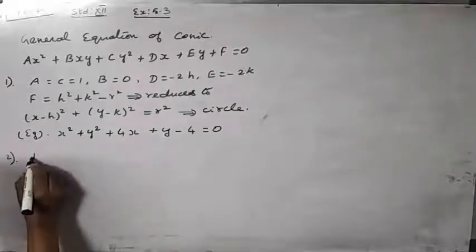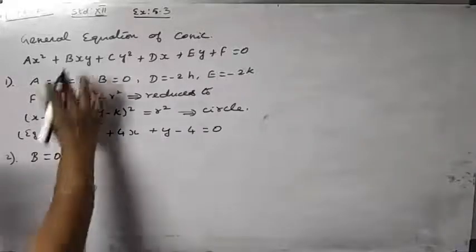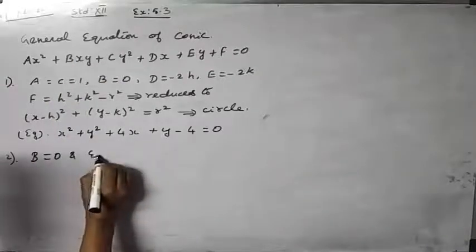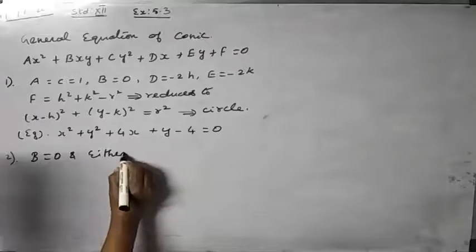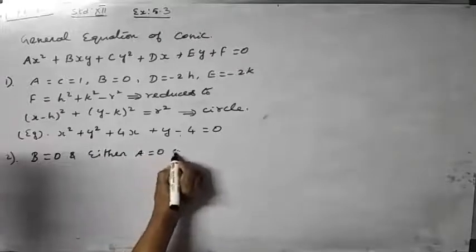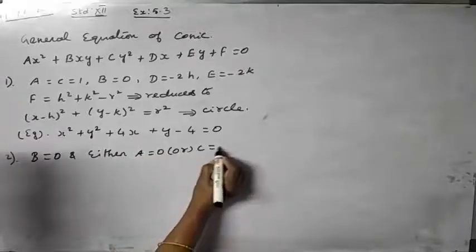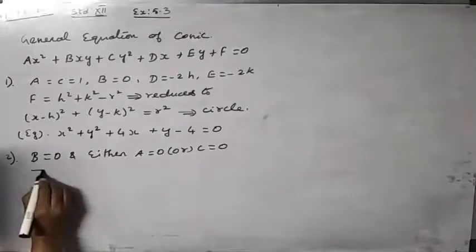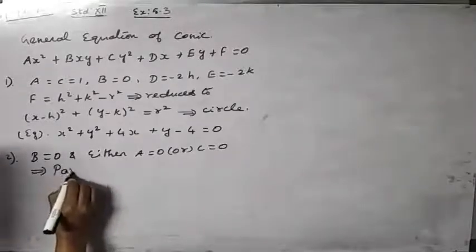Then second condition. If b equal to 0, first the xy term will not be there, and either a equal to 0 or c equal to 0. If this condition holds, which implies parabola.